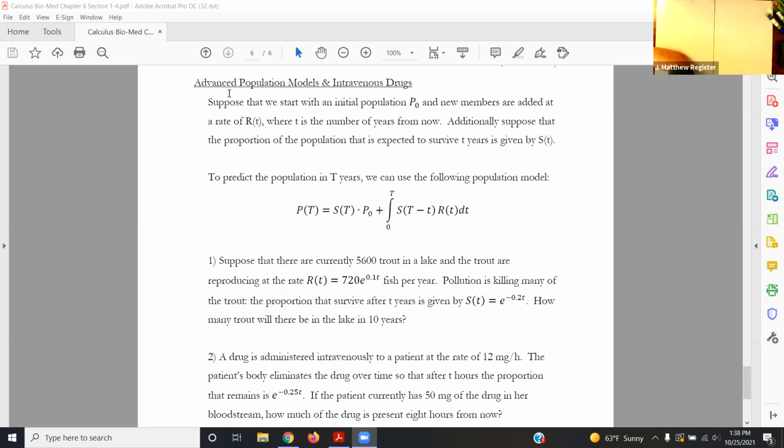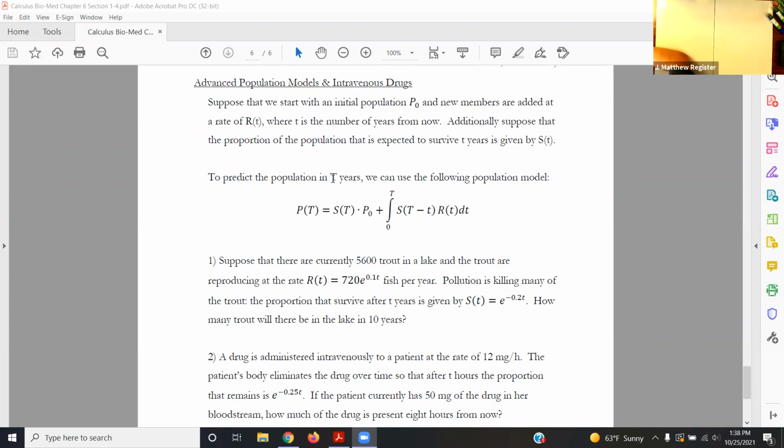And so suppose that we start with an initial population of P0, and new members are added at a rate of R of t, where t is the number of years from now. Additionally, suppose that the proportion of the population that is expected to survive t years is given by S of t. And so we have R of t is the number of new members added, and S of t is the survival rate.